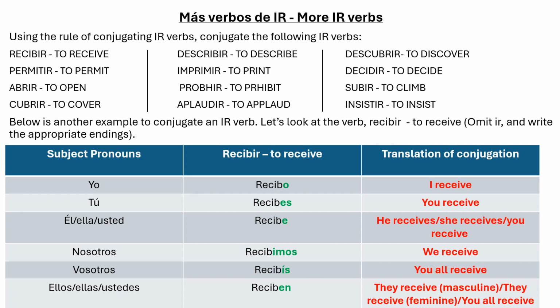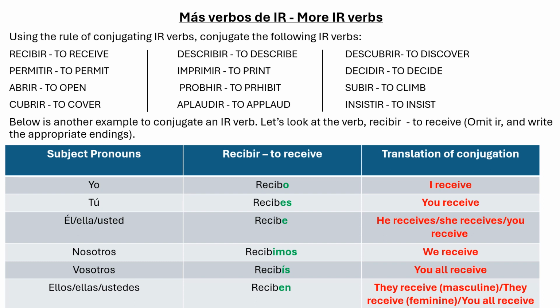Yo form, then I do RECIB. As soon as I see the IR, I omit it and I write an O because this is the ending for IR for the first person. Yo recibo will mean I receive. Then you have tú recibes, you receive. Él, ella, usted recibe, he receives, she receives, you receive formal.